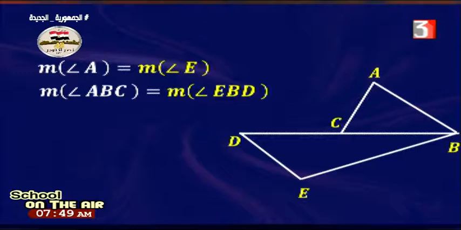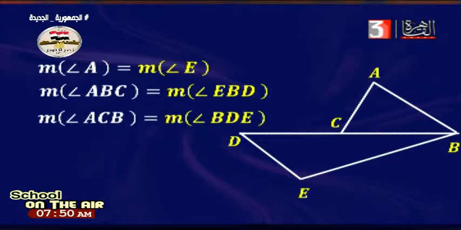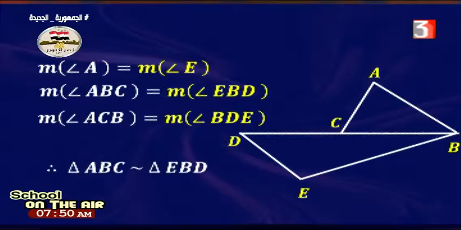Two angles in one triangle are equal to another two angles in another triangle. So you are going to deduce that the measure of the third angle equals the measure of the corresponding angle of the other triangle. So in this case, we can say that triangle ABC is similar to triangle EBD.